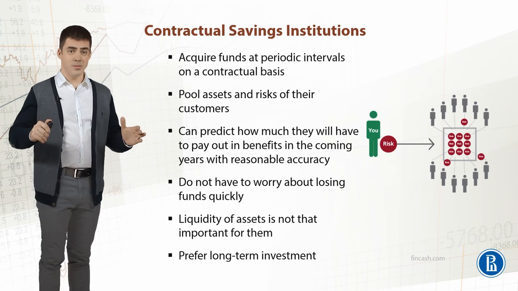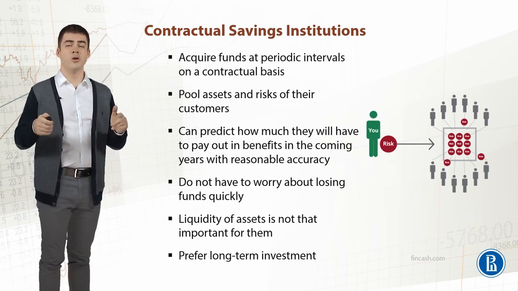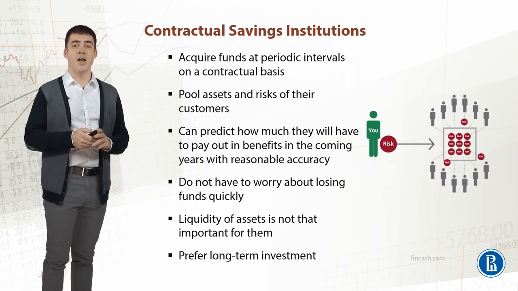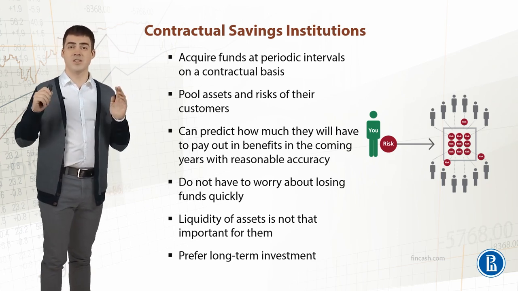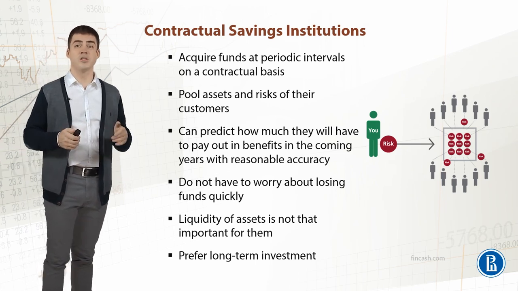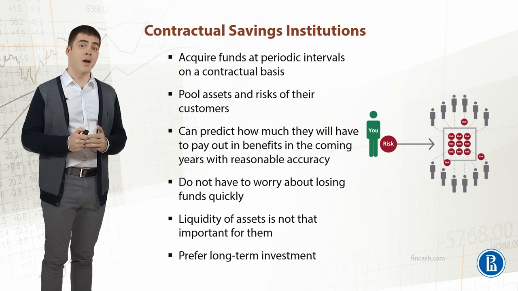The main thing such institutions do is what we call the pooling of assets and risks. And the most important thing is that they can predict how much they will have to pay out in benefits in the coming years with reasonable accuracy.